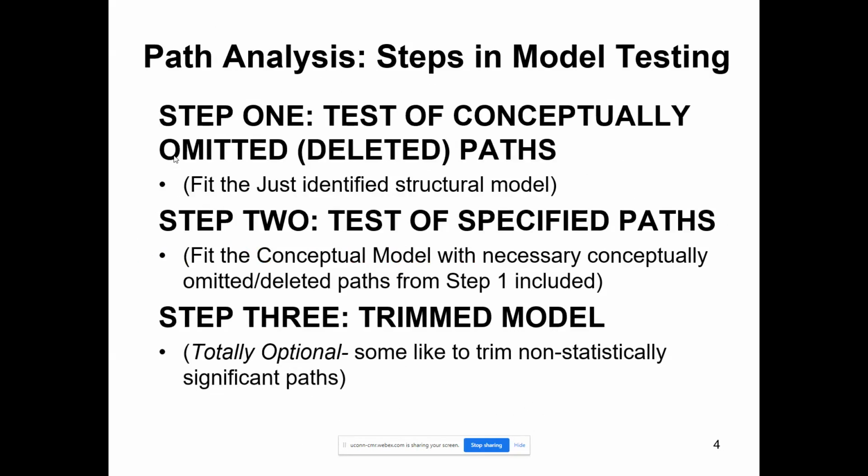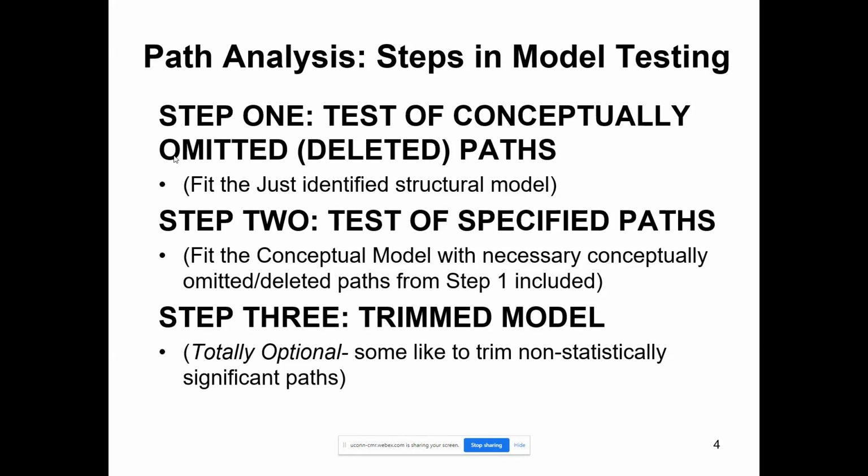After controlling for all of the pathways I think I need that are conceptually important, do I really not need these paths that I think I don't need? That's the logic. I think I don't need them, but before I say these paths are unnecessary, maybe I should check that I really don't need them.